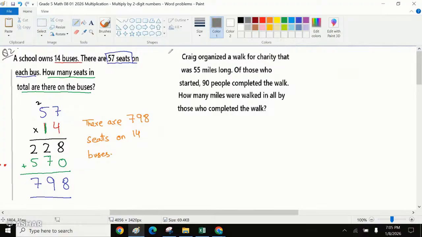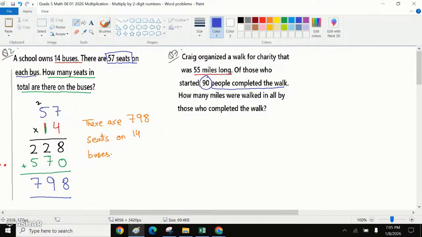So question number 3 states that Craig organized a walk for charity that was 55 miles long. Of those who started, 90 people completed it. How many miles did these 90 people walk altogether?